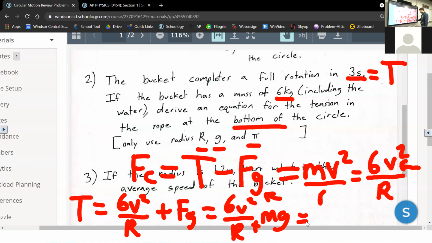So I will have 6v squared over R plus 6g. So I'm almost there. The only thing is I have that velocity and I don't know how to get rid of the velocity. Is there an equation I could use in order to get rid of the velocity or replace it with something better?